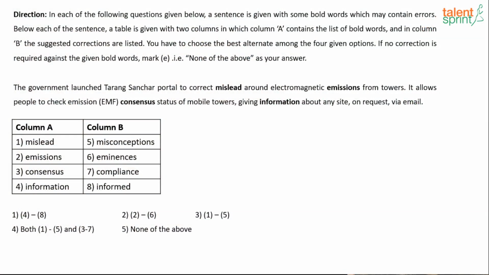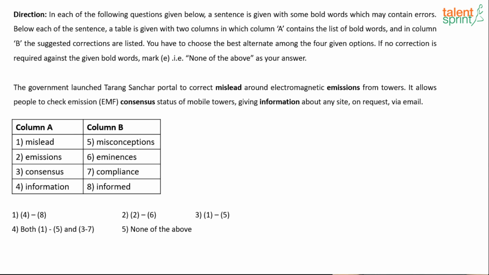The government launched TalentSprint portal to correct misled around electromagnetic emission from towers. It allows people to check emission, EMF, consensus status of mobile towers, giving information about any site on request via email. The government has launched TalentSprint portal to correct what? Misled around.